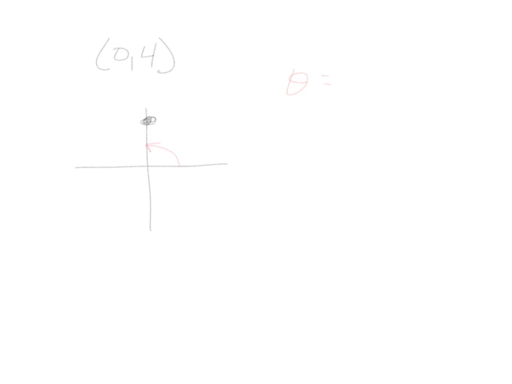That would be a rotation of pi over 2. Since that's pi over 2, we then ask ourselves, how far is that point from the origin? We know it is 4 units from the origin. Therefore, we can write our ordered pair as (4, pi over 2), and we would have our answer.